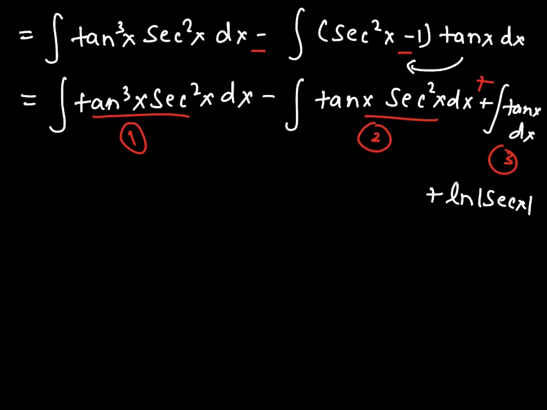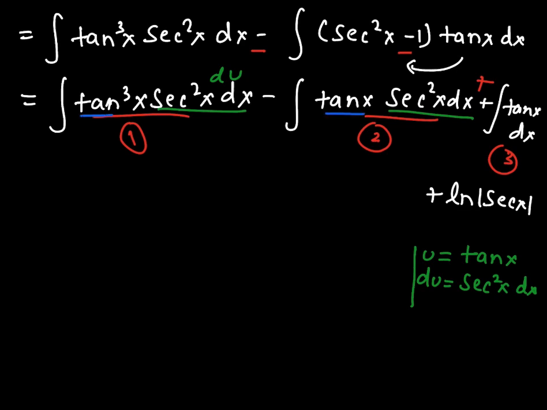Now for the first two, we're going to assume the value of u to be equal to tangent of x. So the derivative of u is going to be secant square x dx. Now we can see that here the secant square x dx is going to be replaced by du, and tangent of x is going to be replaced by u.